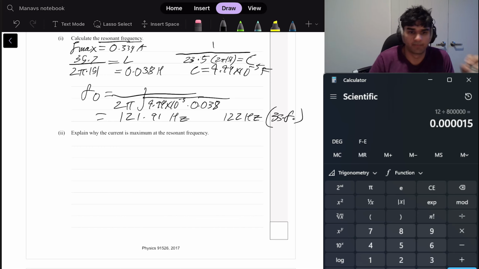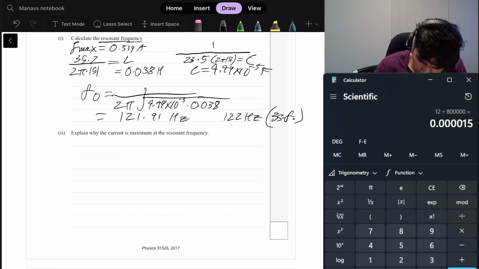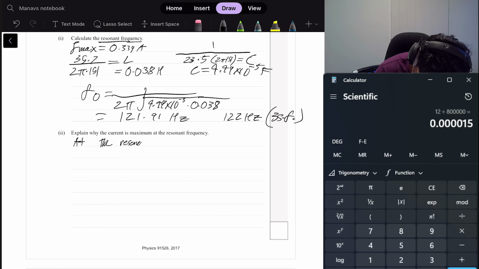Okay, my favorite question. What current is maximum at resonant frequency? At the resonant frequency, XL equals XC.